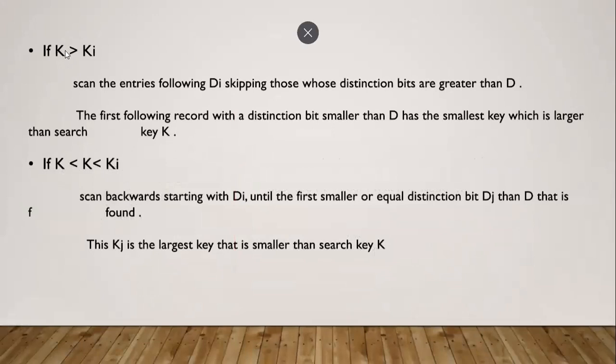If K is greater than K i, then scan the entire range following D i, skipping those whose distinction bits are greater than D. The first following record with a distinction bit smaller than D has the smallest key which is larger than the search key. If K is less than K i, then scan backward starting with D i until the first distinction bit D j that is smaller than or equal to D is found. This K j is the largest key smaller than the search key.